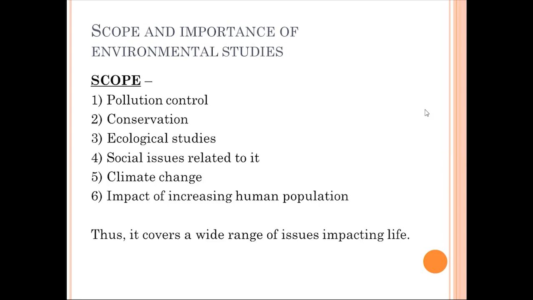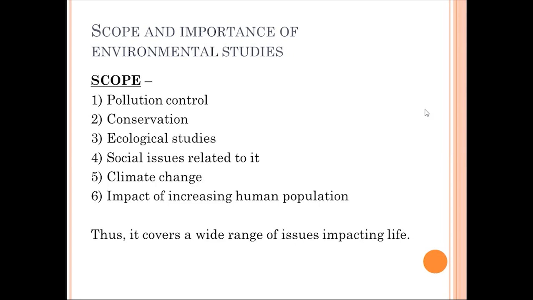And fourth is social issues related to it. Social issues arise when a particular land, for example, a forest, has been cleared for an infrastructure project. The forest might have tribal people living there or the local inhabitants.